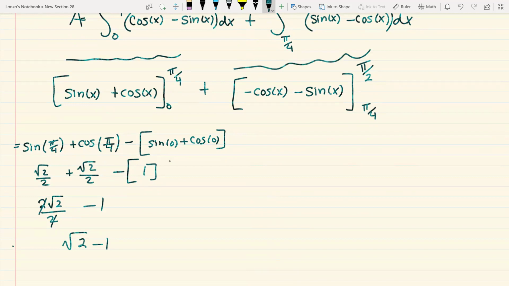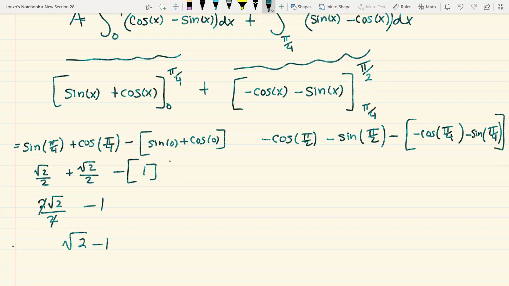So it's going to be negative cosine of pi halves minus sine of pi halves minus bracket negative cosine of pi over 4 minus sine of pi over 4.